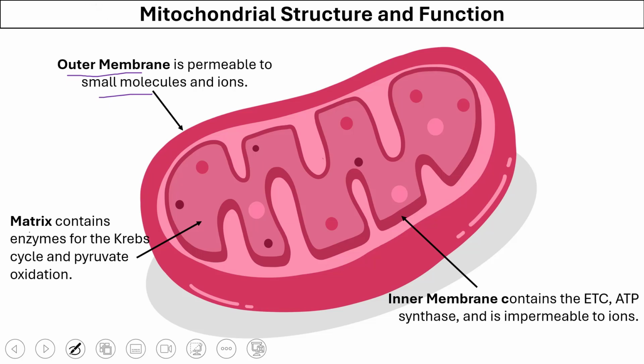The matrix of mitochondria contains all the enzymes for Krebs cycle and pyruvate oxidation. The inner membrane contains the electron transport chain and ATP synthase and is impermeable to ions, which is why it is able to build the hydrogen ion potential on one side of the membrane.